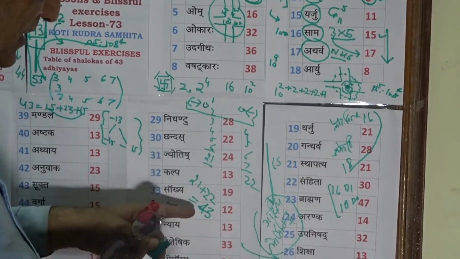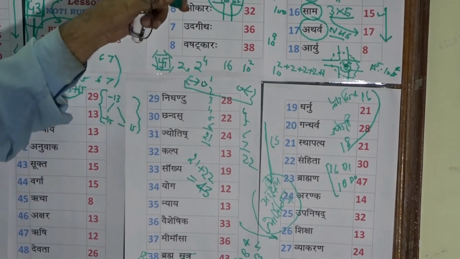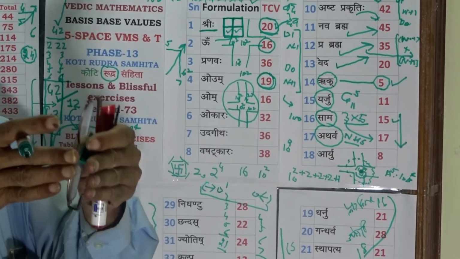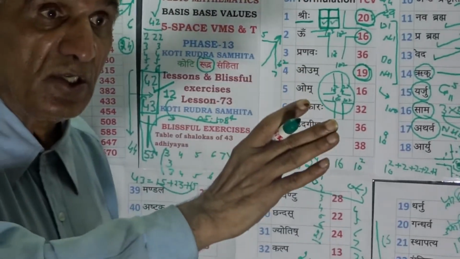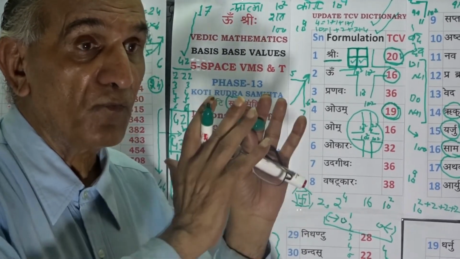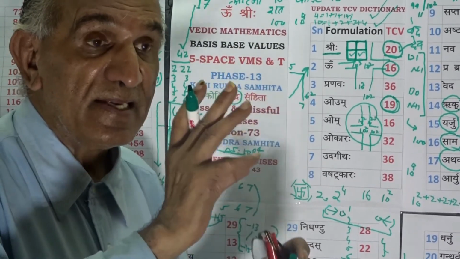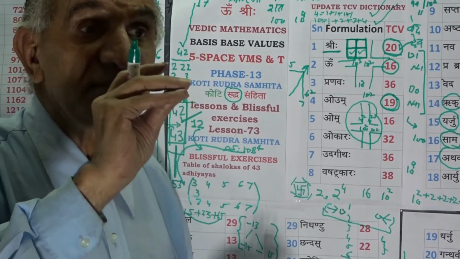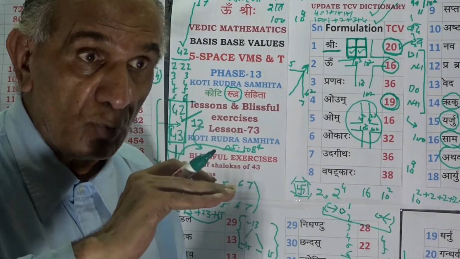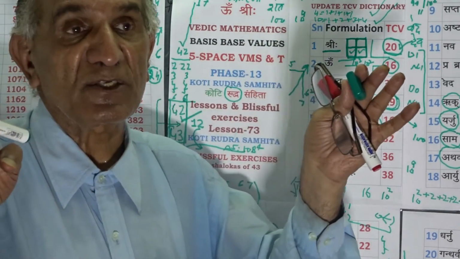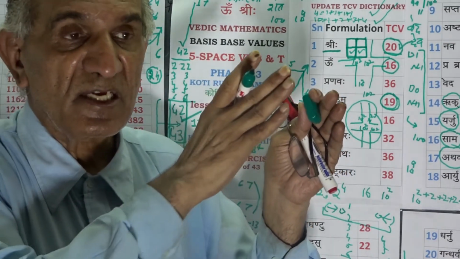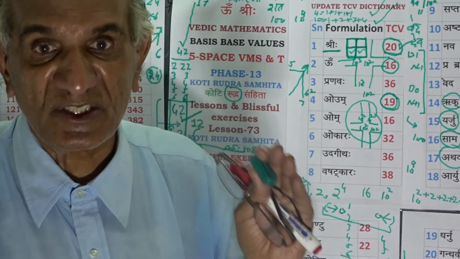Now, this organization feature of the text of Koti Rudra Samhita as a Samhita of 43 adhyayas is the feature which deserves to be comprehended, imbibed, parallel to the swapping of a 6-space domain in terms of a Sthapatyamaya ring rod synthesized by hypercube 1 to hypercube 6.